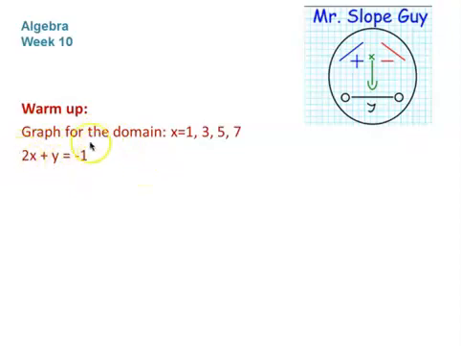So how do we know what the corresponding y values are? Well, look further down. It says graph for the domain when x equals 1, 3, 5, and 7. And then here is our function that we're going to use to plug in our x values and find our corresponding y values. Look where y is located, right in the middle here. We've got 2x plus y equals -1.